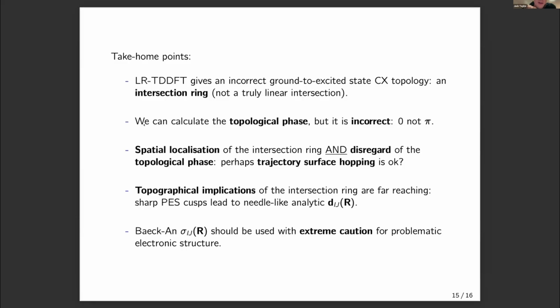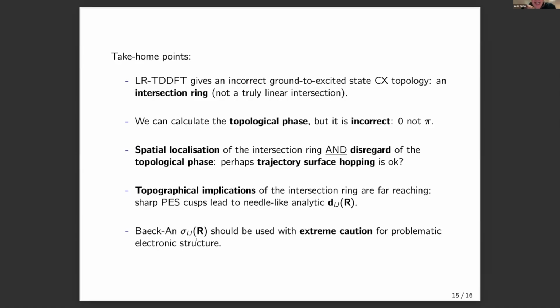But of course, even though this region of poor topology is localized in space, the topographical implications are quite far-reaching. We get these cusps in the potential energy surfaces that then give rise to needle-like non-adiabatic couplings.